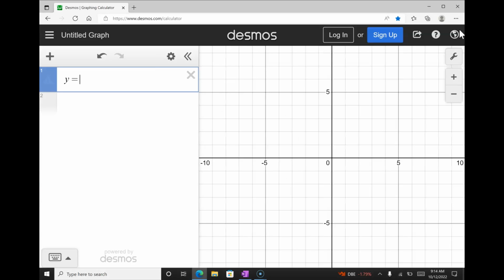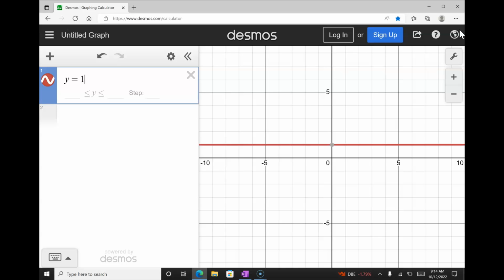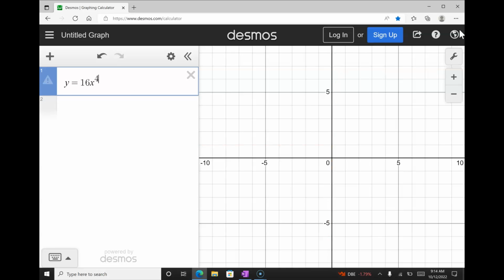And I'm doing y equals 16x to the fourth minus 32x cubed plus 22x squared minus 6x plus 1.